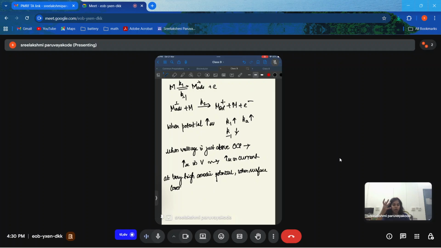The surface coverage of M adsorbed is so high. So will there be any free surface available for the second step to happen? K1 reaction will increase, M adsorbed will increase. Now this M adsorbed has to react with vacant metal surface to allow dissolution and regenerate M surface. But if all the vacant sites are occupied by M adsorbed, then which is the free available site for the second reaction to happen? No. The second reaction will slow down. All the first reaction will happen, the second reaction will slow down, and you'll see a decrease in current with the potential. So same thing, surface coverage.